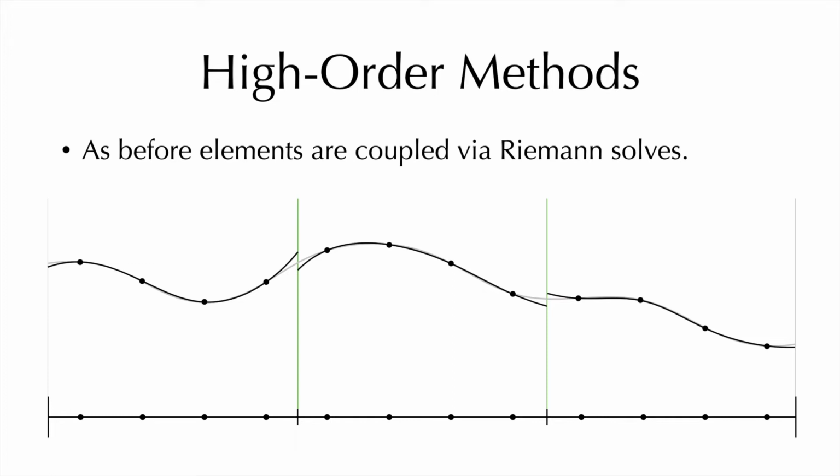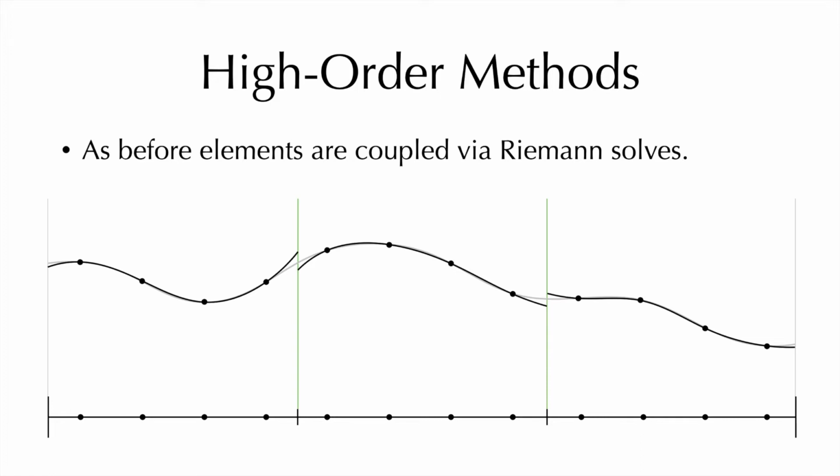And as before, with the finite volume sense, what we do is we couple together our elements, so information is exchanged at the interfaces through Riemann solves. Now, the key advantage of this formulation is that with the same number of degrees of freedom, you can get a substantially better approximation of your function.